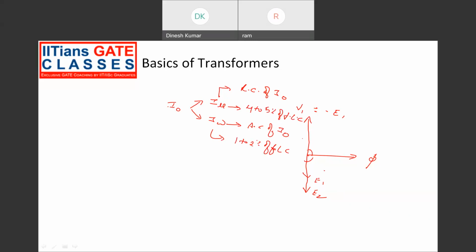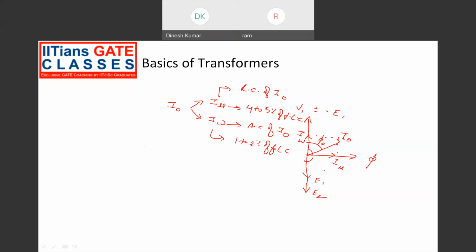So I naught is divided into two components. This is I mu, which lies in phase along the flux, and this is IW. The resultant of these two currents gives us the no load current I naught, which lags the supply voltage by an angle called the no load angle.